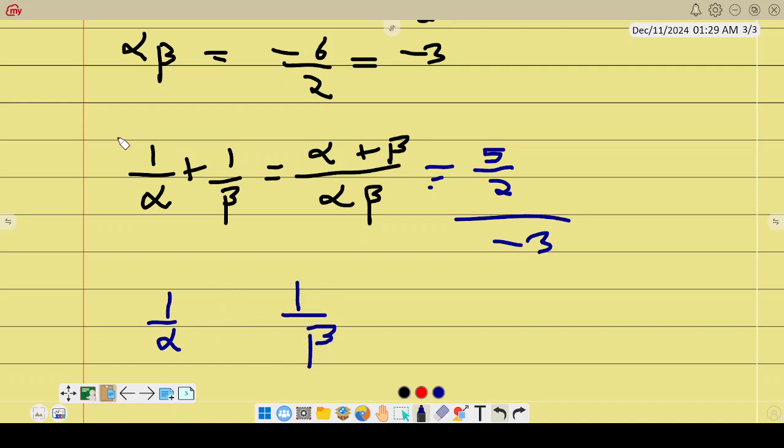No wonder we're adding here. We found this and that, so this is 5 over 2 divided by negative 3 over 1. When we work it out, we find negative 5 over 6.